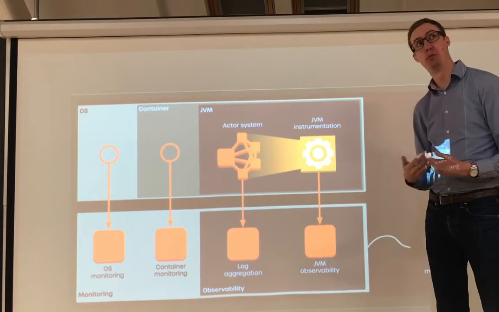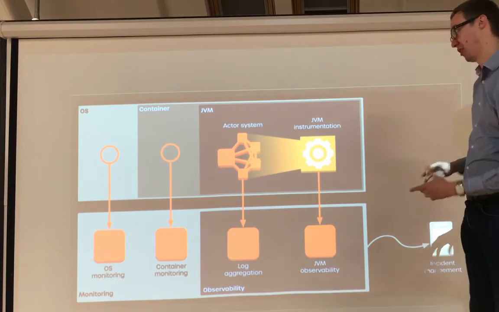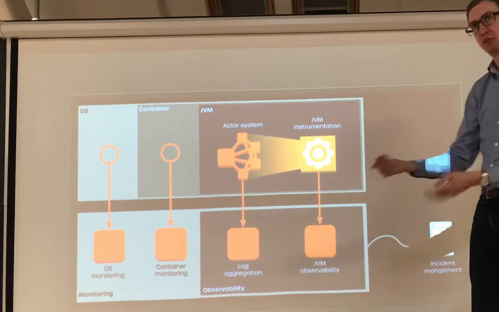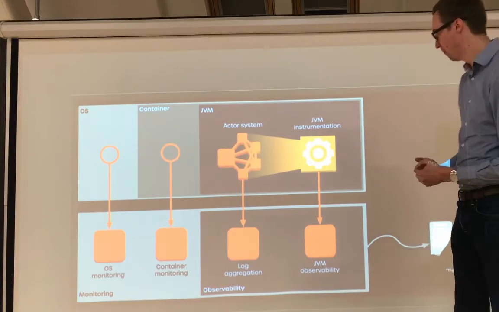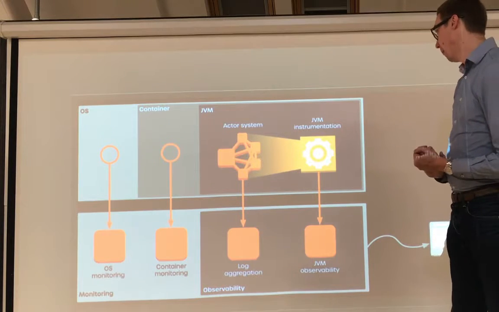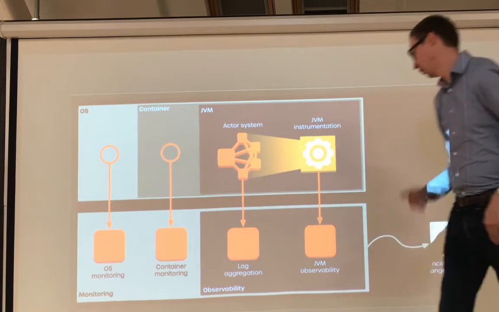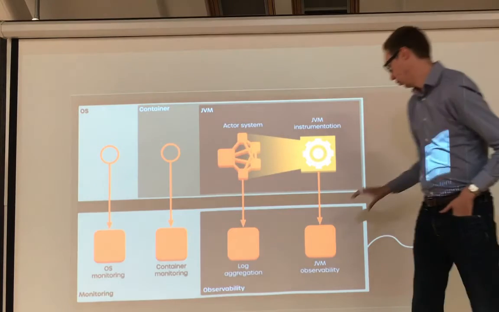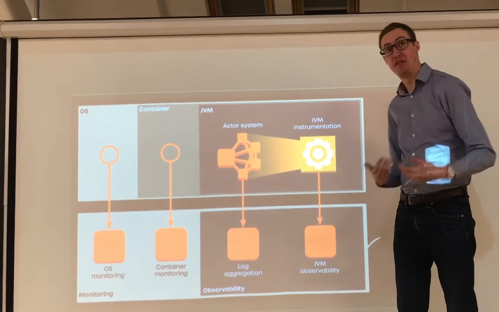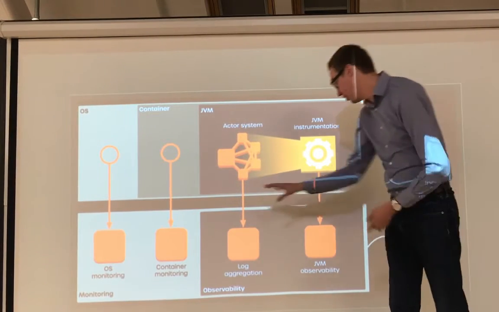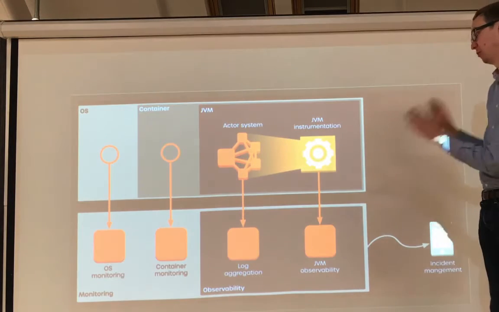It also allows us to observe more fundamental things about the JVM, like memory use, CPU use, heap pressure. We can also, of course, collect logs as well. So these metrics that we get from the JVM and also from Akka, in combination with the logs, gives us observability.